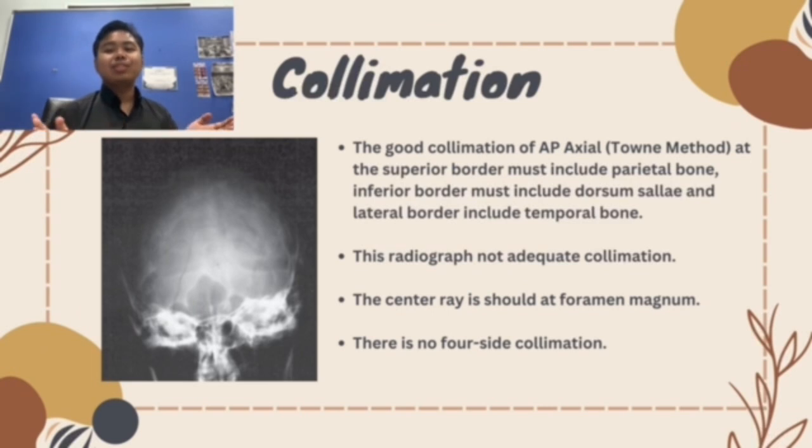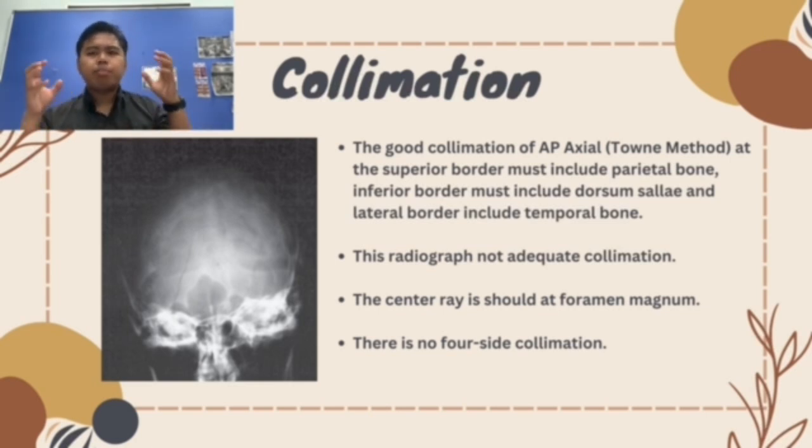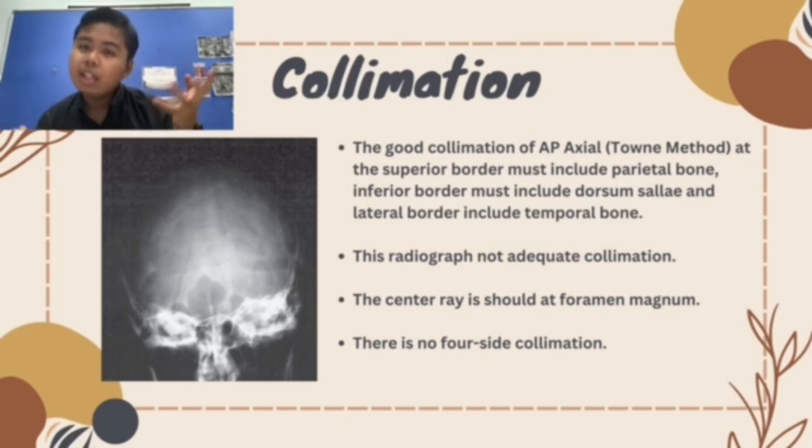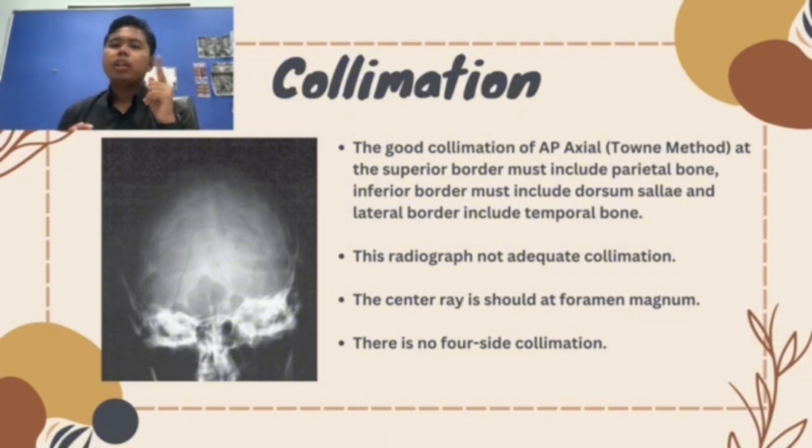Now to the next slide, we will talk about collimation. For the epiaxial skull or Town method, good collimation must include the parietal bone at the superior border, the dorsum sellae at the inferior border, and the temporal bone at the lateral border. For this radiograph, it is not adequate collimation.